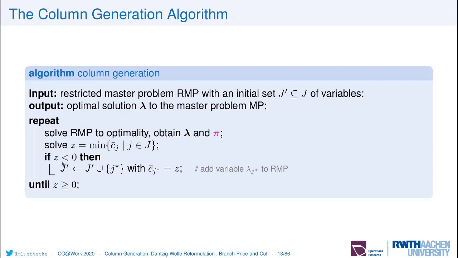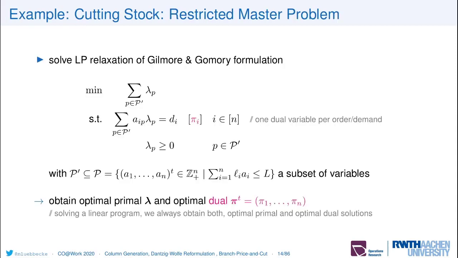And when this has negative objective function value, I know I have identified a variable of negative reduced cost. I add it to my model and repeat. Okay, and this I do until I have proven that the smallest reduced cost of all the variables I have ignored so far is non-negative, and then I can stop. This is the column generation algorithm.